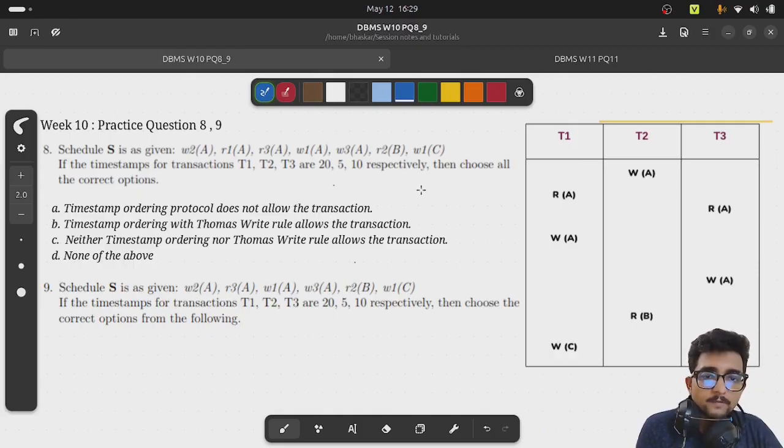So basically, what timestamp ordering protocol says is, with every data item, I will have two associated timestamps.